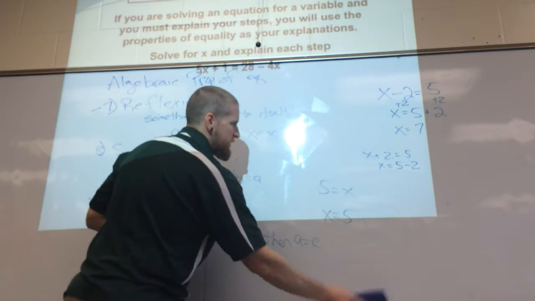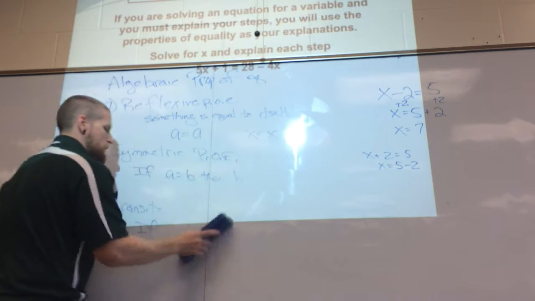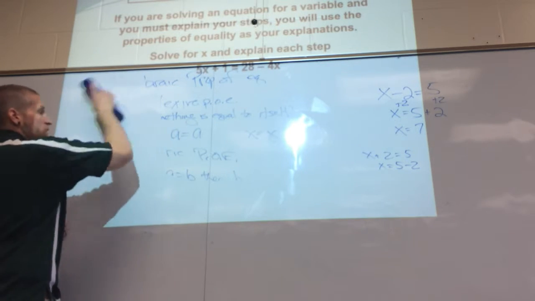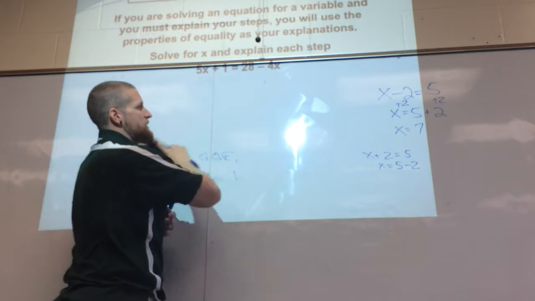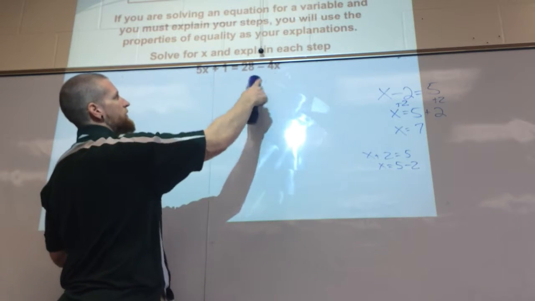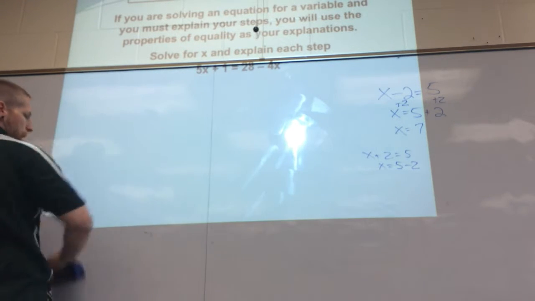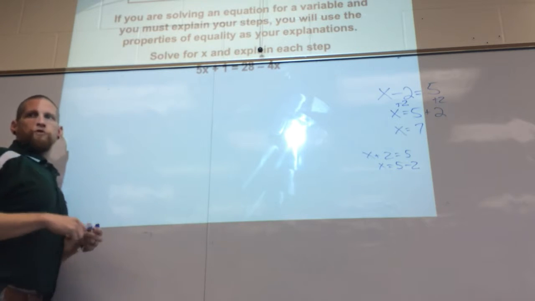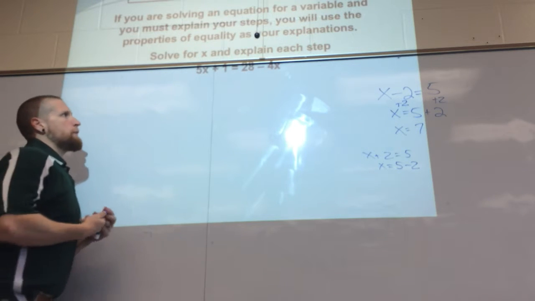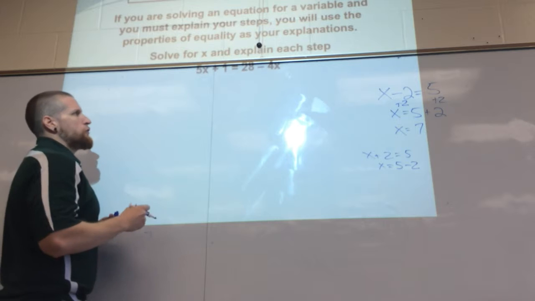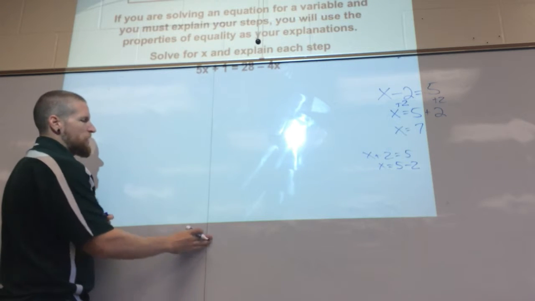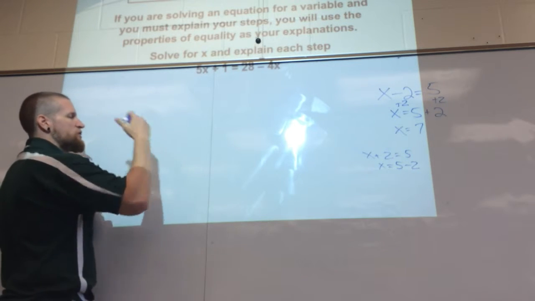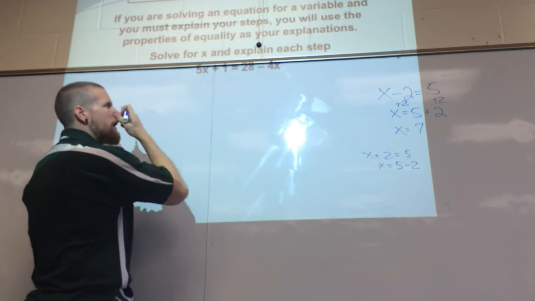Right, so again, I've got an equation up there. I'm going to solve the equation, but since I also have the instruction saying explain each step, I'm going to set this up as a form of proof. This would be the only time I really tell you to stick to one type of proof.